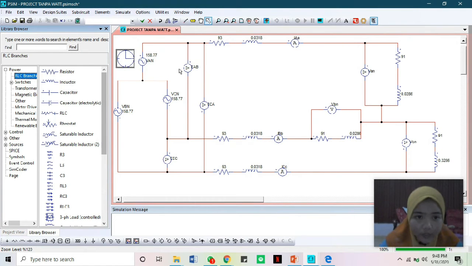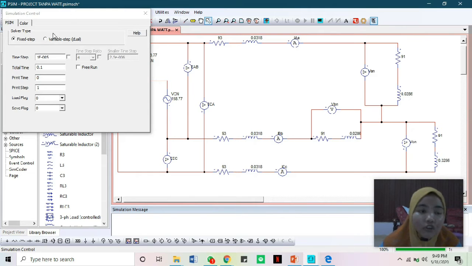First of all, in this circuit, I want to find the line currents IAA, IBB and ICC, because V line had already been given to us. The V phase in the generator is also given. So we want to find VAN, VBN and VCN. First, we need to put in the simulation control.